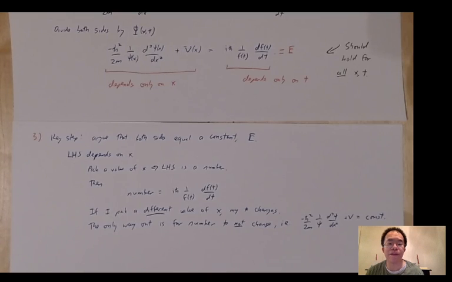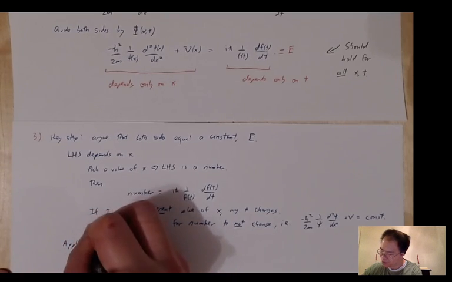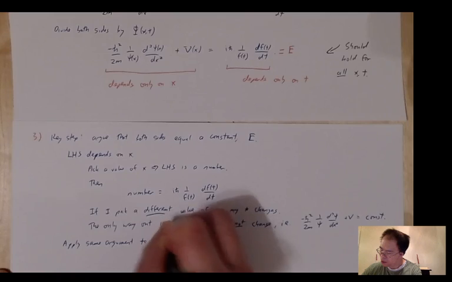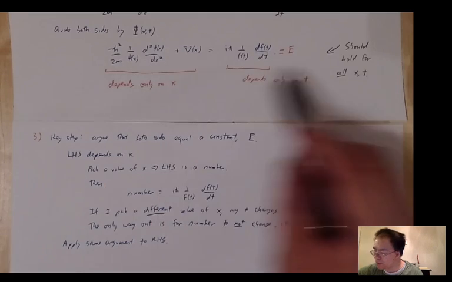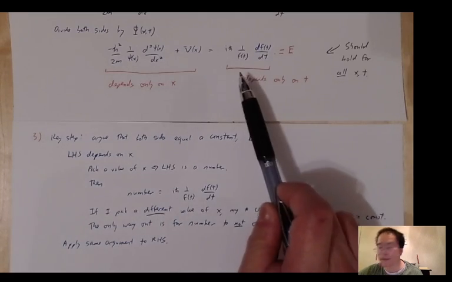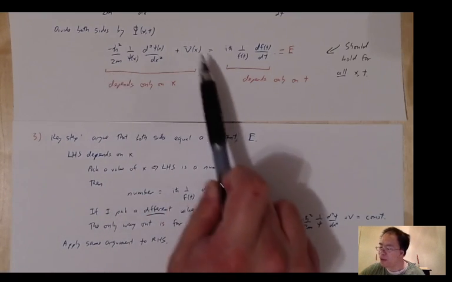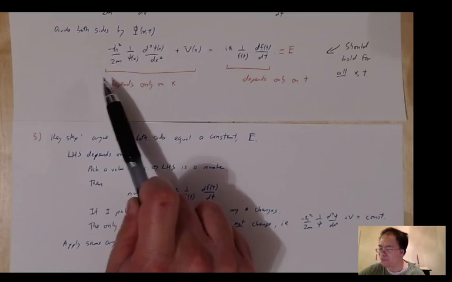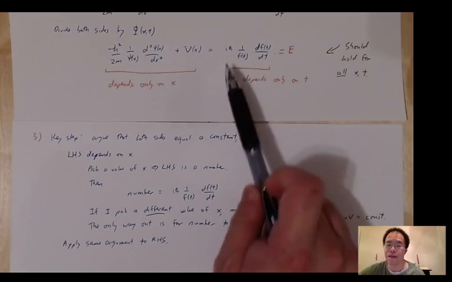We can apply the same argument to the right-hand side. I won't write it in detail, but I'll just say it again. Again, this holds for all x and t. If I pick some value for t, now I have just an ordinary differential equation, with some function of x and its derivatives equaling a number.